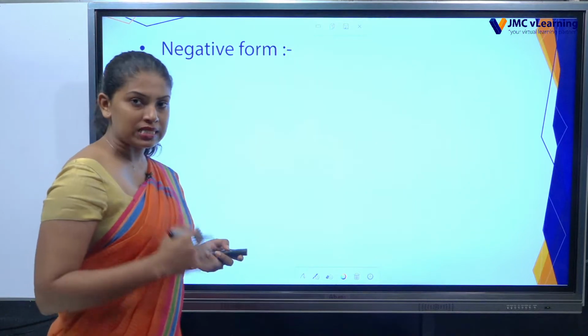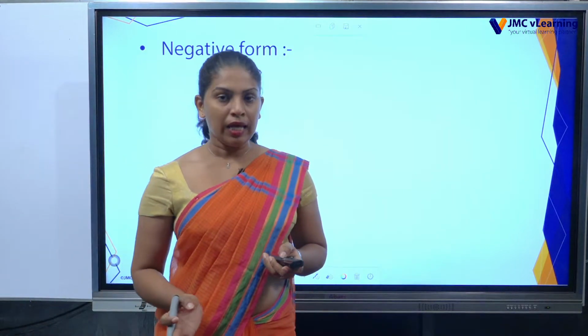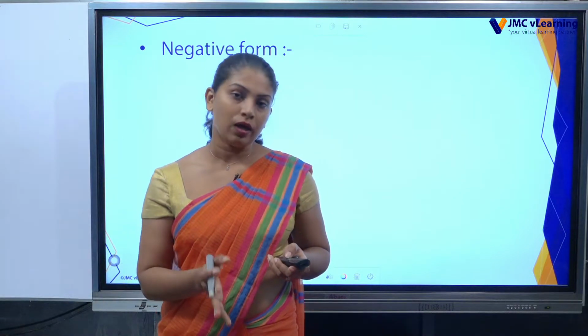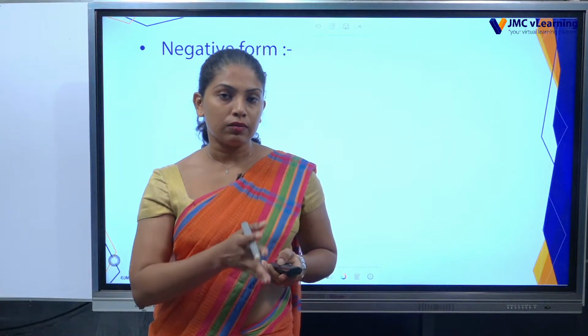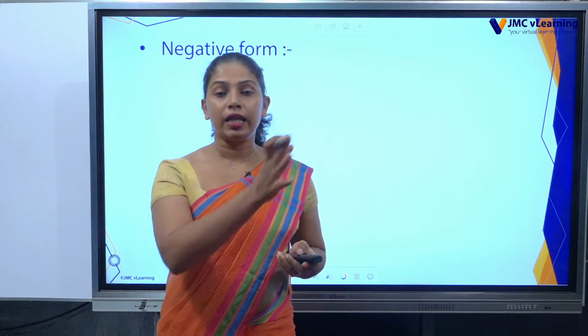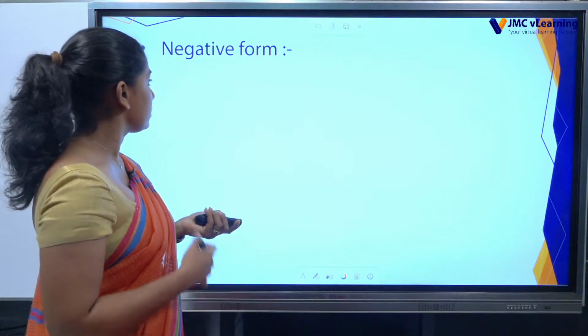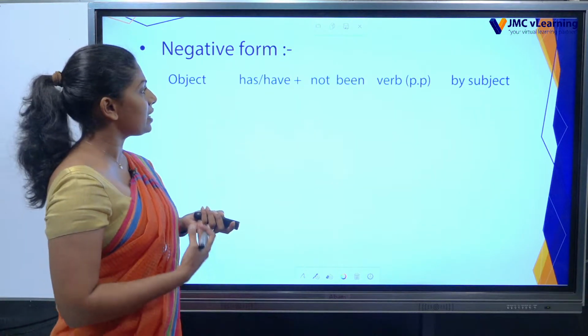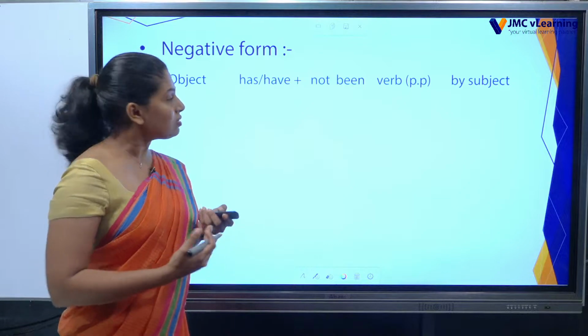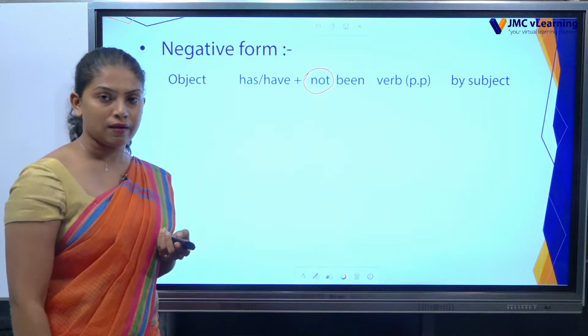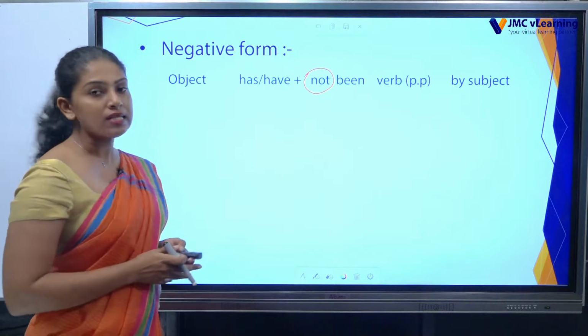Negative form of present perfect tense passive voice. In the positive part we did it as object, has or have, then the helping verb been, then the verb in past participle, then by subject. So to make this negative, what do we have to do? A very simple thing: we have to add not to has or have. That is the way of making this negative.